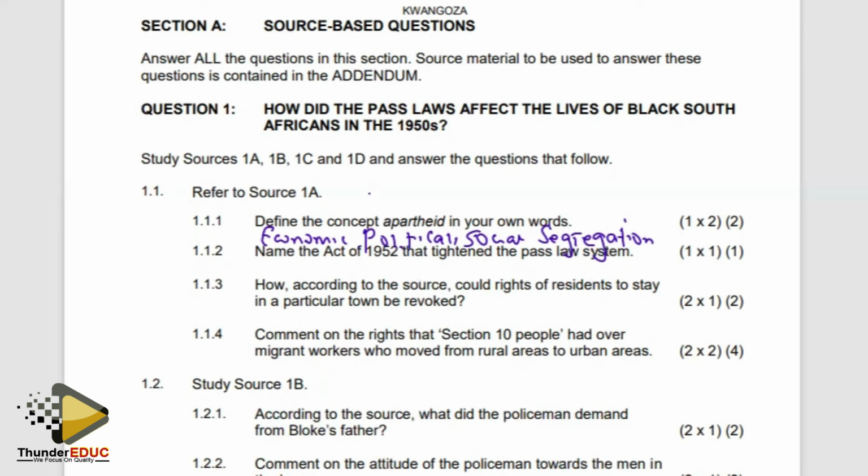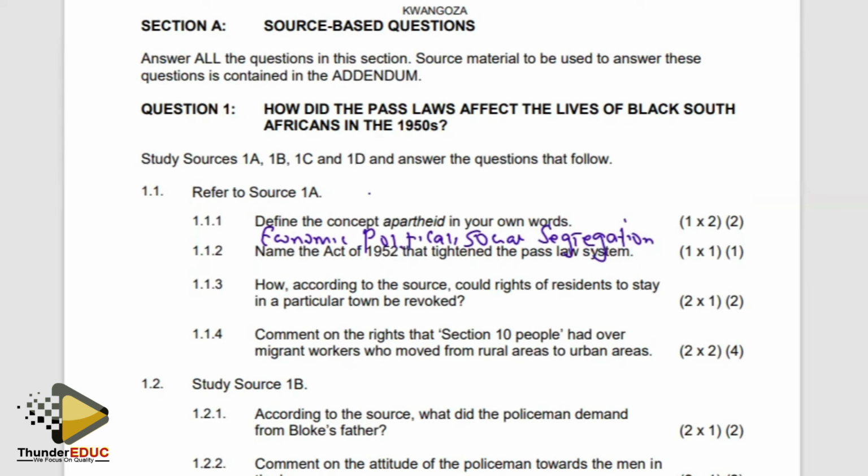Or you can give any relevant definition. Or you can say apartheid was a system of government that segregated the non-whites from whites, because during apartheid, you were either white or non-white.